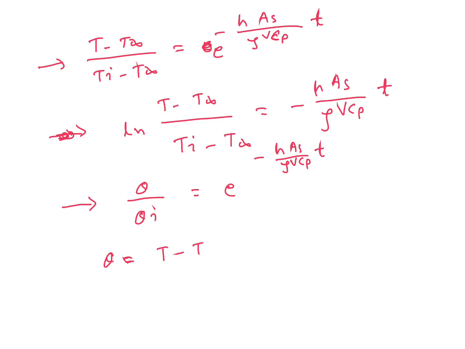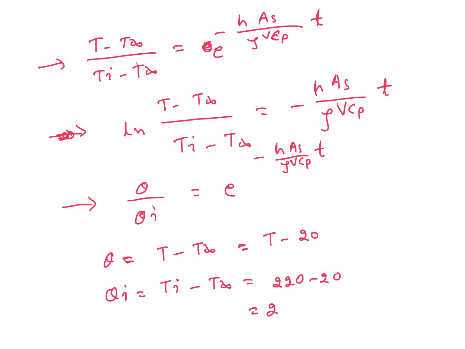Theta i is the initial temperature minus the air temperature, the minimum temperature. Ti minus T infinity is 220 minus 20, 200.